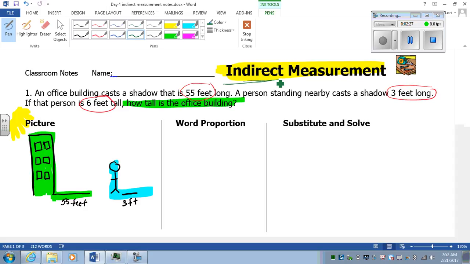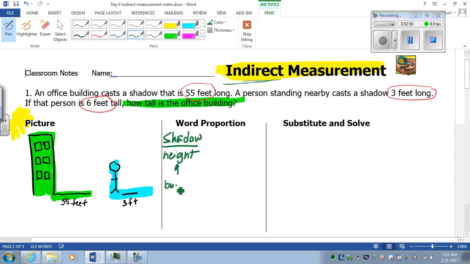I'm going to use all the proportions associated with the office building in green ink. So we're going to look at the ratio of the shadow created by the office building over the actual height of the building. Okay, so this is going to be associated with the building.